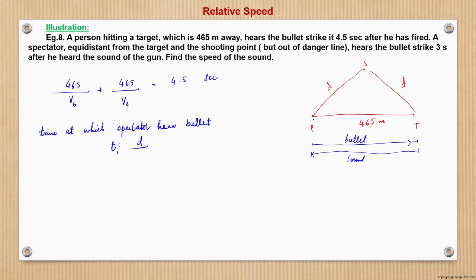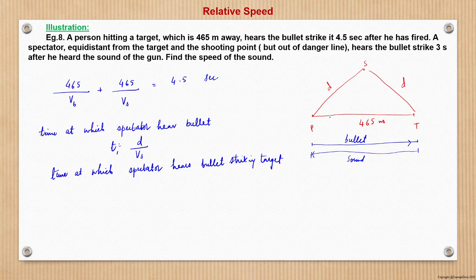From here, the person fires a bullet, and that sound will also flow to S. And then the time at which the spectator hears the bullet striking the target.